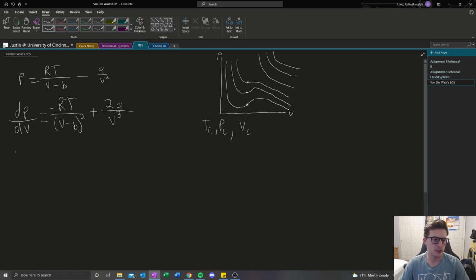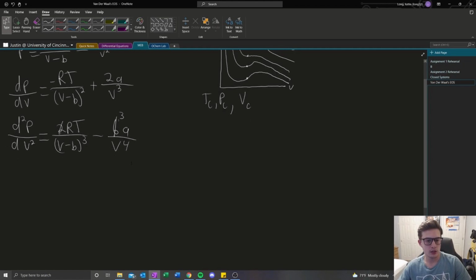And then we're going to go ahead and take the second derivative of this, and that is going to be equal to 2RT over (V minus B) cubed minus 6A over V to the fourth, but then this 2 and the 6 will cancel to make that a 3.